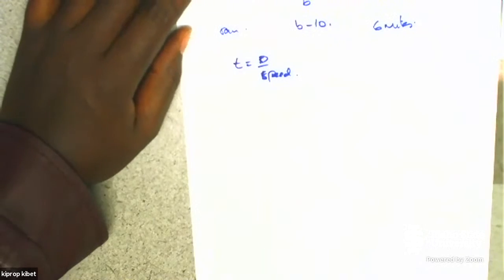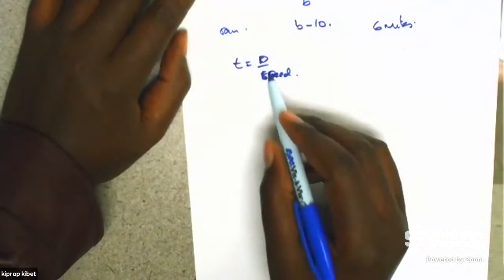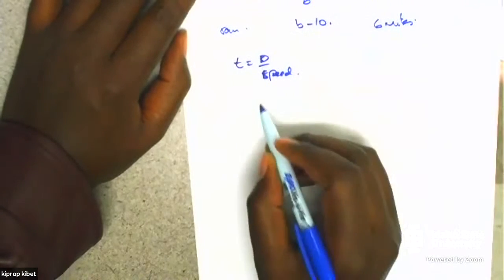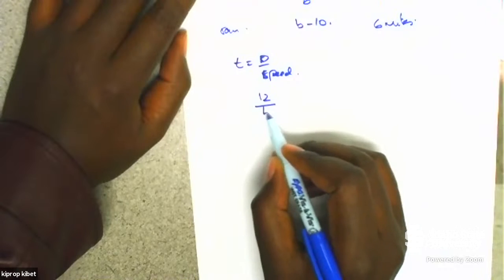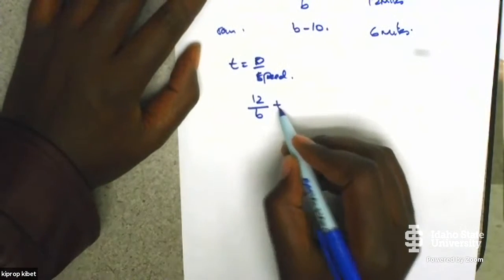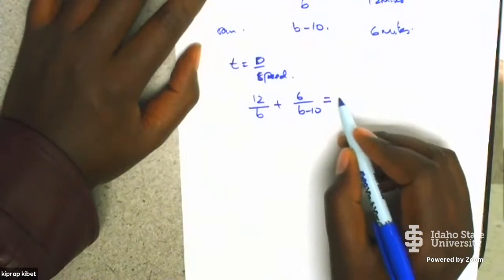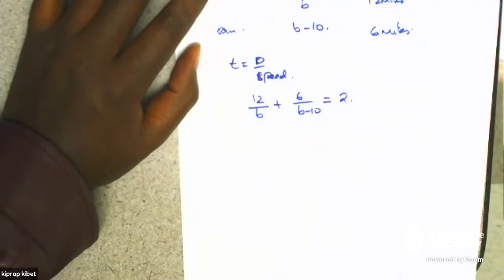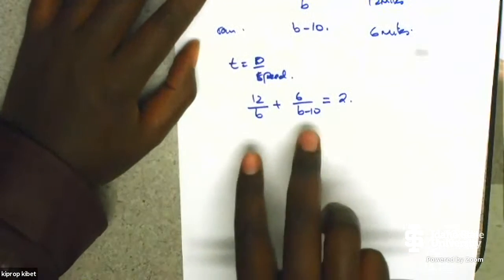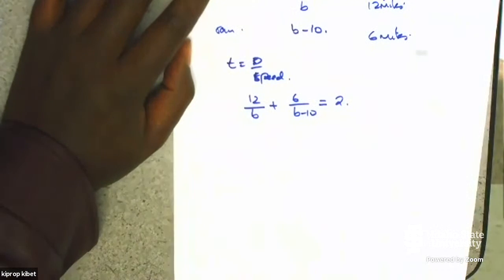So the time for biking is the distance, which is 12, all over B, right? Plus 6 all over B minus 10 equals 2 hours. Because it will cover the two of them in 2 hours.